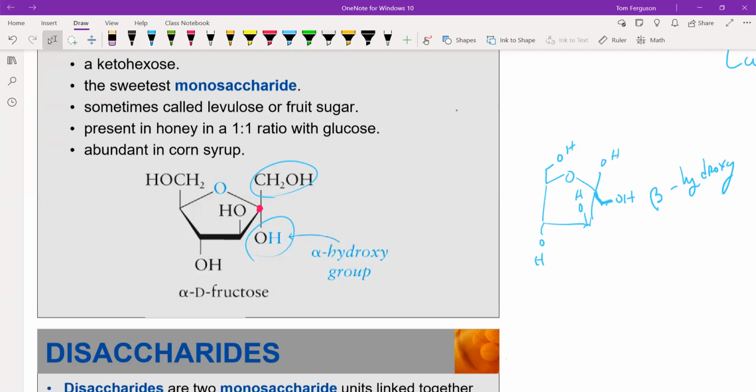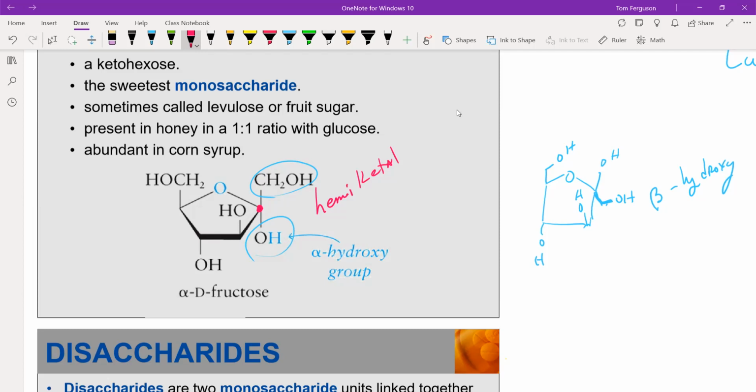So it wouldn't be. Correct. So this is a hemiketal because there's no H. And this is a special circumstance. If you did a Benedict's test on this, you'd get a positive test. And a positive test means that there was a hemiacetal present.